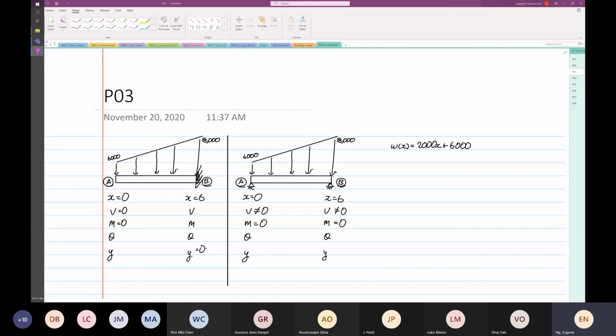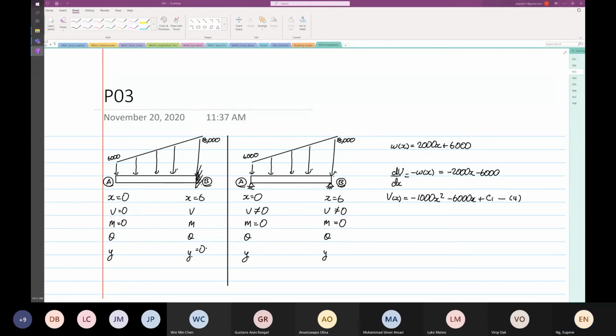The load distribution did not change for both cases, so you still apply dV/dx equal to minus omega of x, which is minus 2000x minus 6000. Then you integrate the first time: V as a function of x is equal to minus 1000x squared minus 6000x plus C1. I'm going to call this my equation 4.